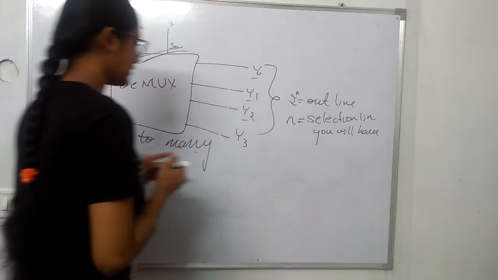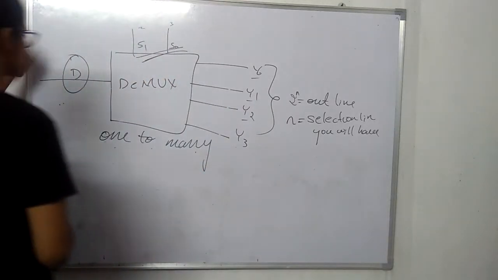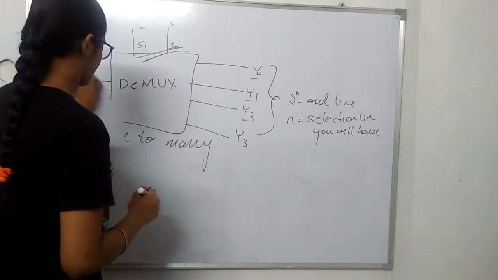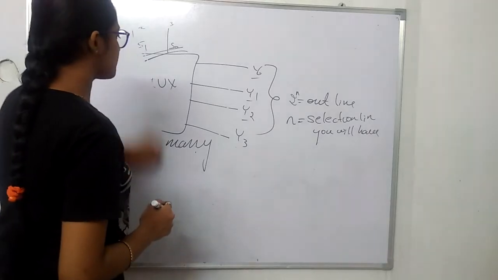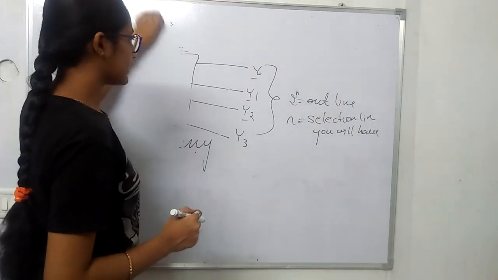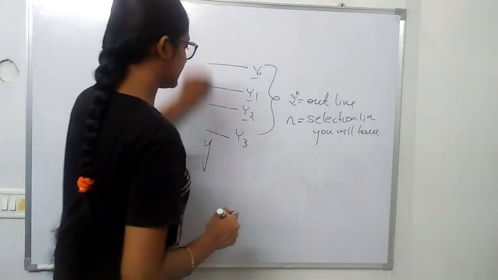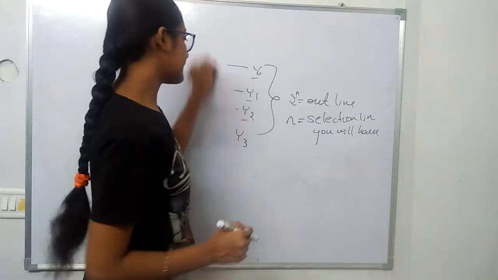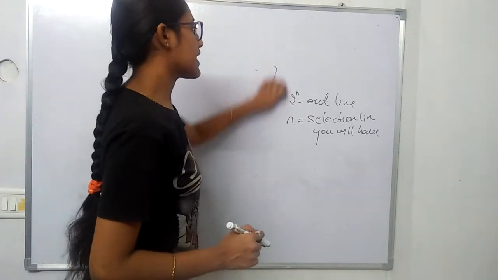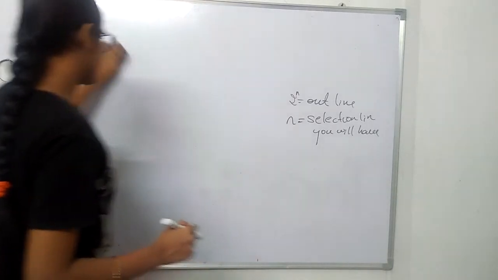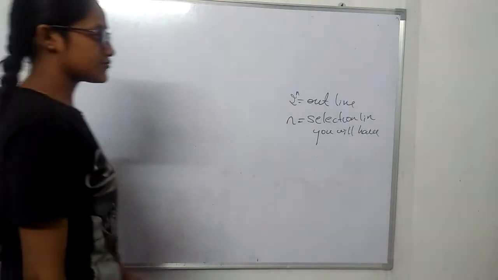Okay. Then let's look at its truth table. The truth table is nothing but the relation between the inputs and outputs. So what are the inputs we have here? D, that is our data line, and the selection lines S0 and S1. Then what are the output lines we have?